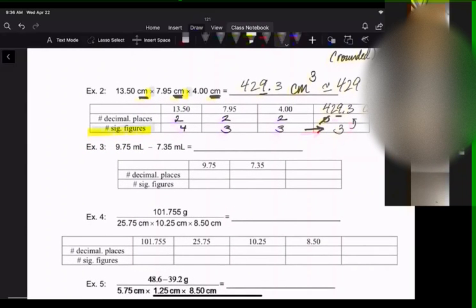Can you explain a little more on how there's no decimal places after the 429.3? Yeah, so in this one, let me rewrite it, 429.3. Because I know that my accuracy is limited by these 2 calculations here, that they have 3 significant figures.